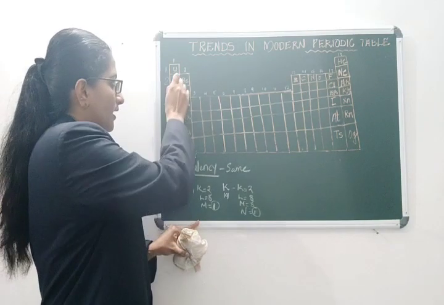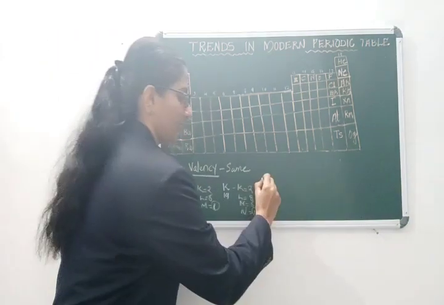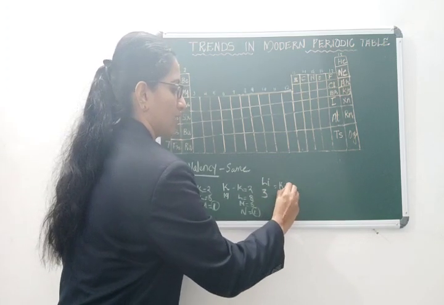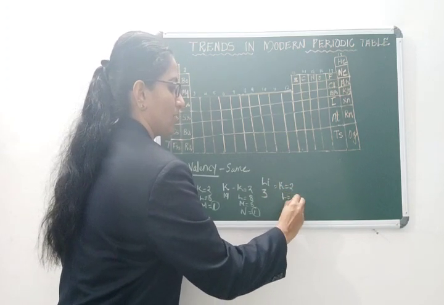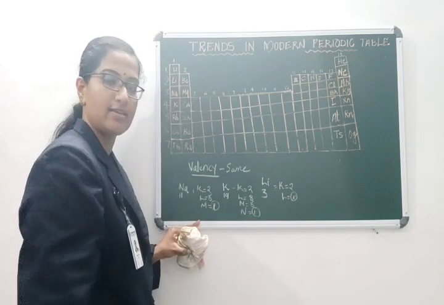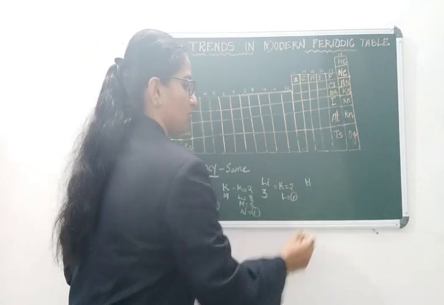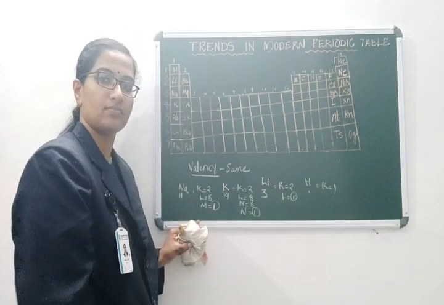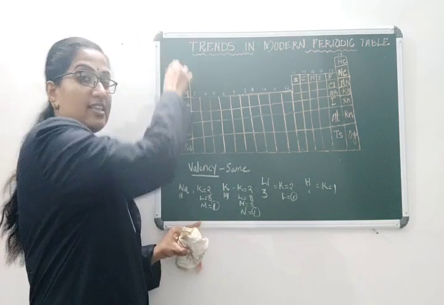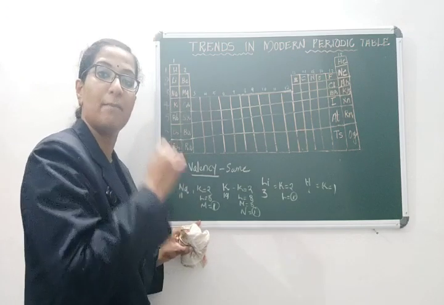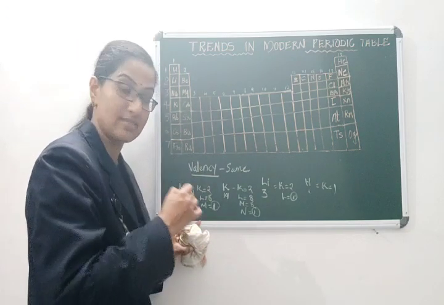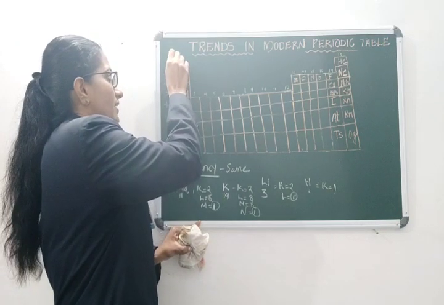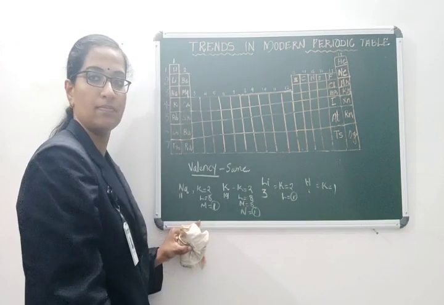If you take lithium, atomic number 3, K is equal to 2, L is equal to 1. Same valency 1. If you take hydrogen also, K is equal to 1. So what do you observe? In the first group, all the elements are alkali metals, and they have the same valency 1.